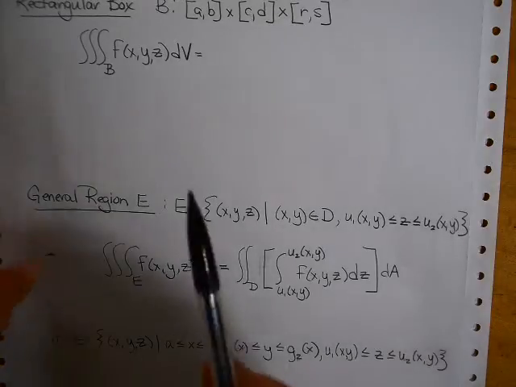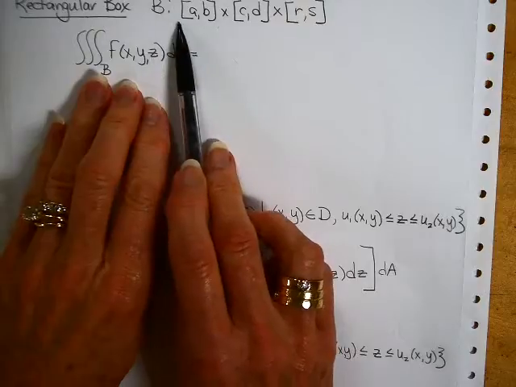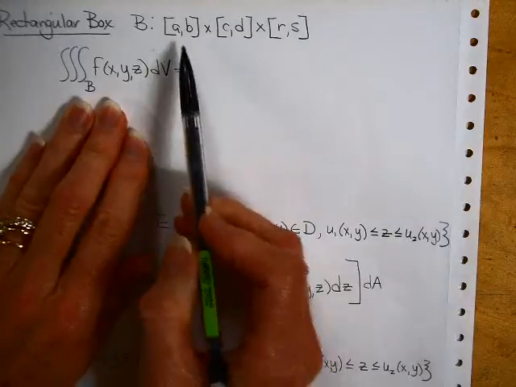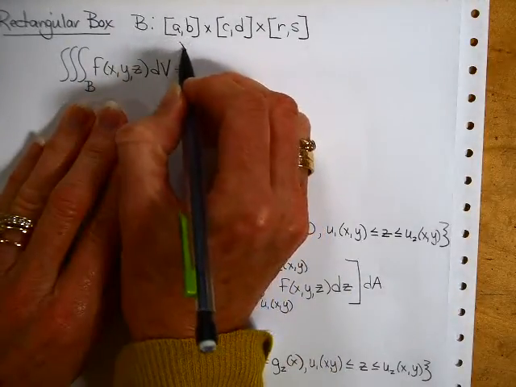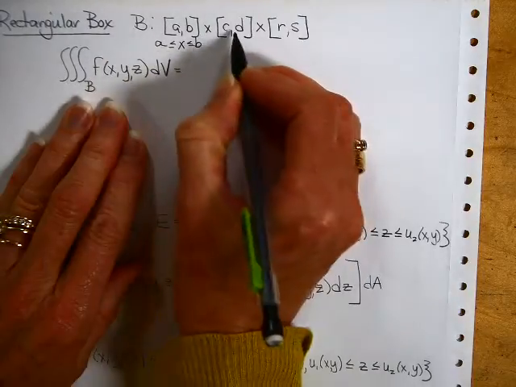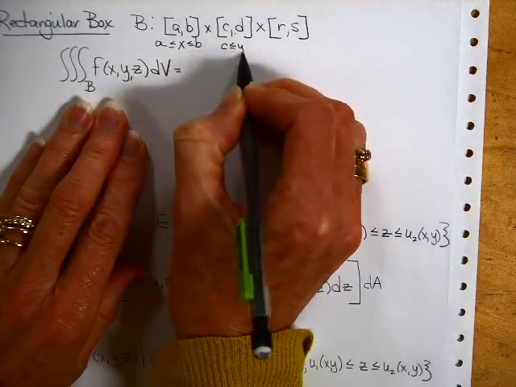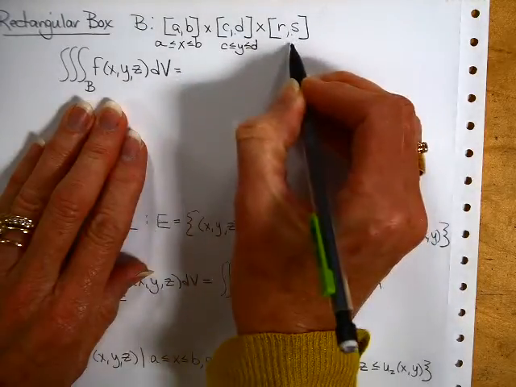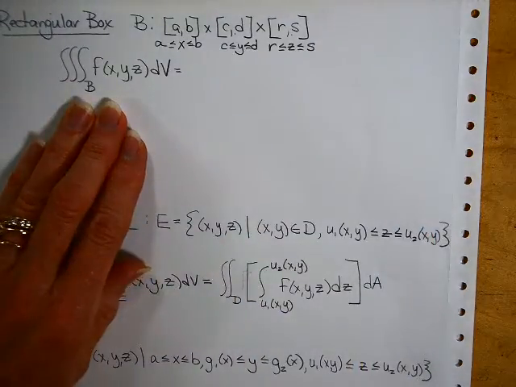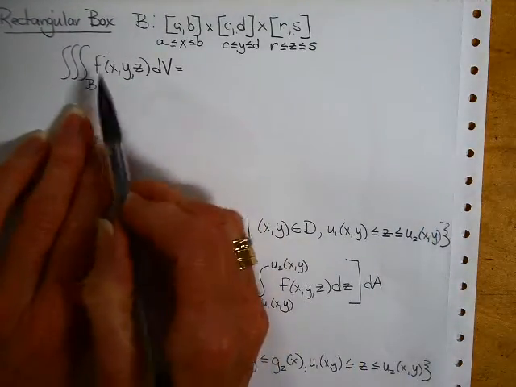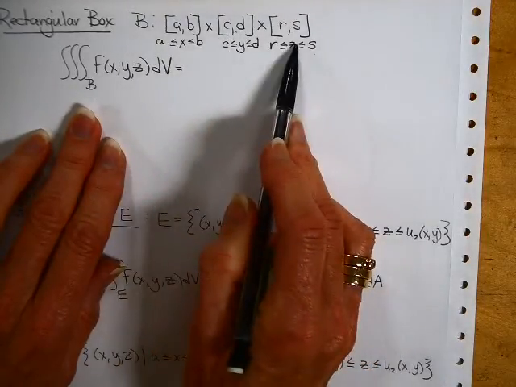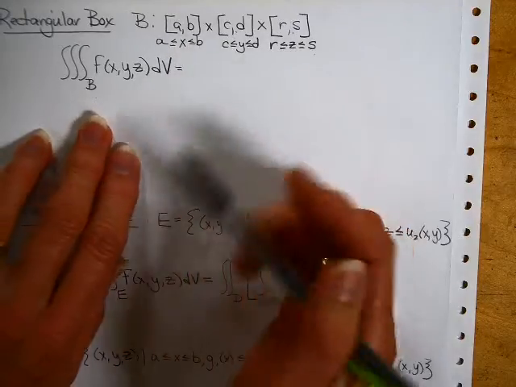Okay. All right. If you were integrating over a region B that is a rectangular box, where this says your x's range from A to B, this one says your y's range from C to D, and this one says that your z's range from R to S, then the triple integral over that region B can be set up in any order because these are all numbers.